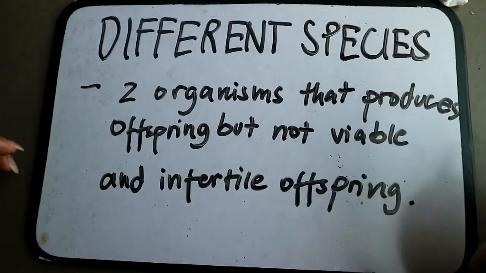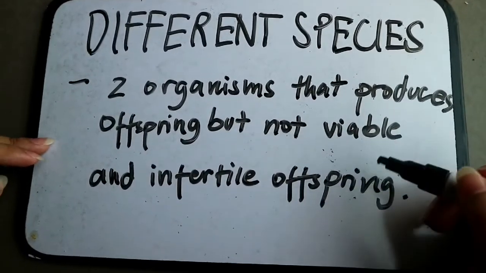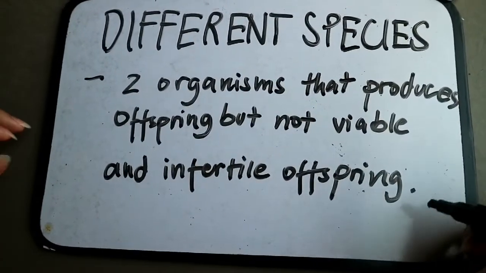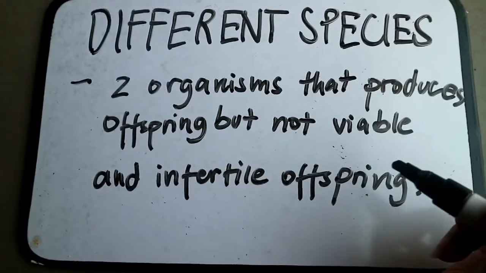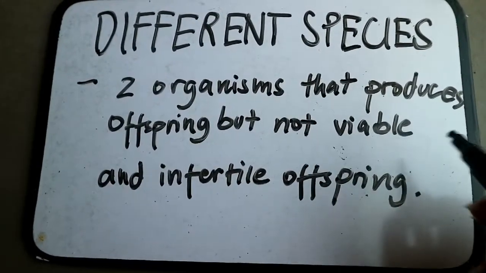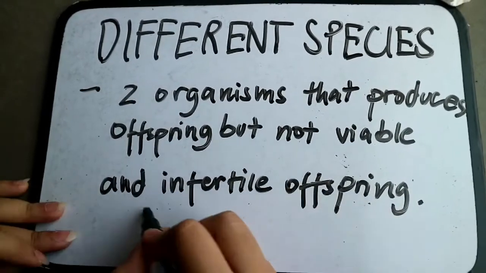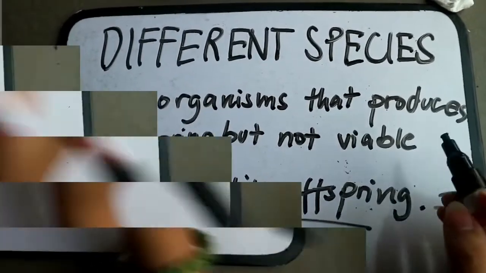So, different species is two organisms that produce offspring but not viable and it is not a fertile offspring, which means that two organisms can produce an offspring but the offspring is not viable and it is infertile. Infertile means that the offspring cannot produce another offspring.